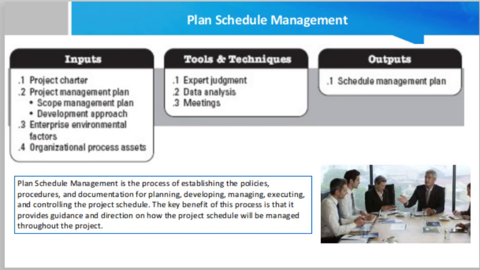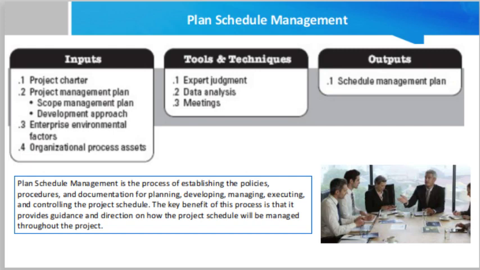Data analysis. A data analysis technique that can be used for this process includes but is not limited to alternative analysis. Alternative analysis can include determining which schedule methodology to use or how to combine various methods on the project.